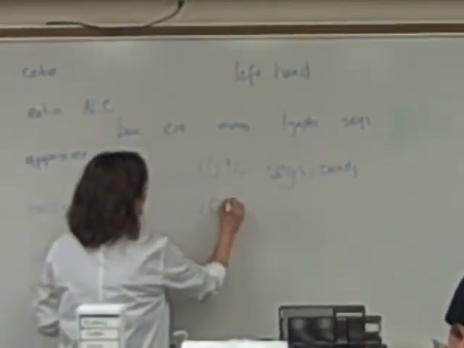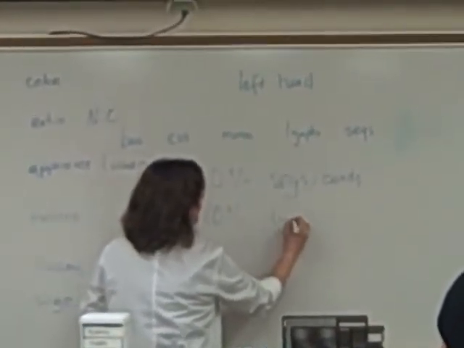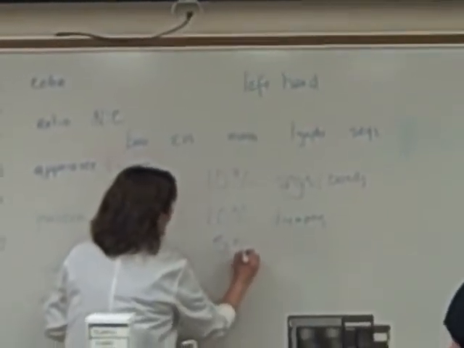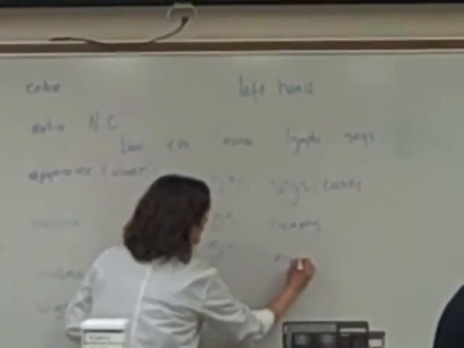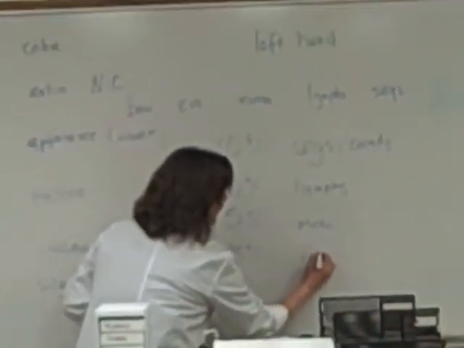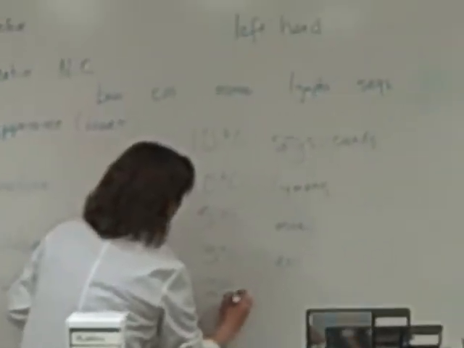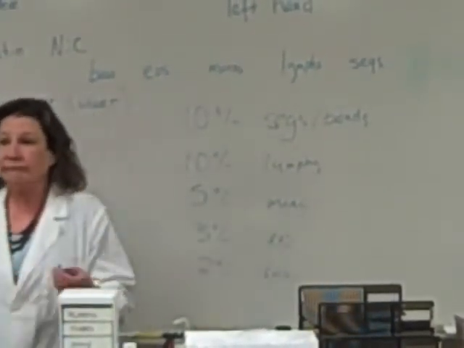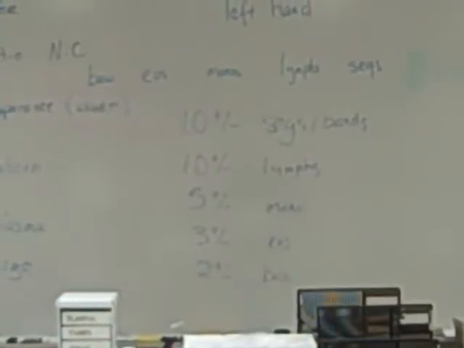Plus or minus 10 on lymphs, plus or minus 5 on monos, 3 on eos, and 2 on basos. And that lets me know that you're seeing what you're supposed to see.